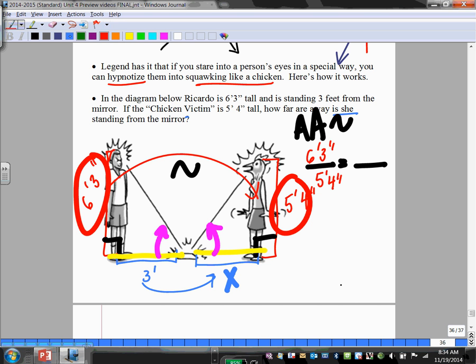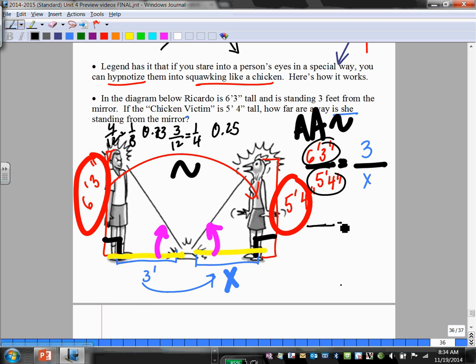Is going to be 3 over our unknown distance. Once again, we have to get these into decimals. So we're going to go 3 over 12. That's 1/4, so that's 0.25. And then we have 4 over 12. That's going to be 1/3, which is 0.33. So we have to get that in decimal format.